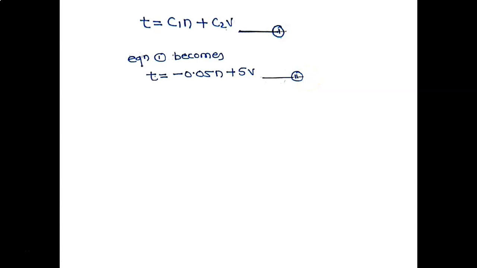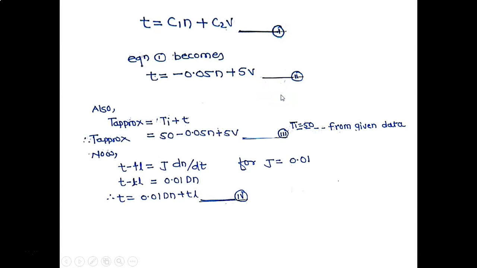Now, first of all, we will find the approximate value of T. T approximate is equal to capital Ti plus small t. What is Ti? Ti is equal to 50 from the given data or from the graph. Therefore, T approximate is 50 minus 0.05n plus 5v, equation 3.